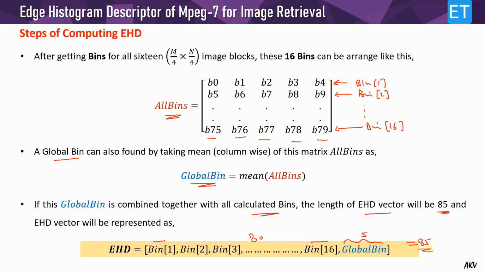Actually, the main MPEG-7 EHD suggests only the 80 points in the bin, but I have personally observed through many experiments that if we use the global bin also, the retrieval results are much better as compared to only the 80 points. So I recommend everyone to use the 85 points in this EHD with the global bin.